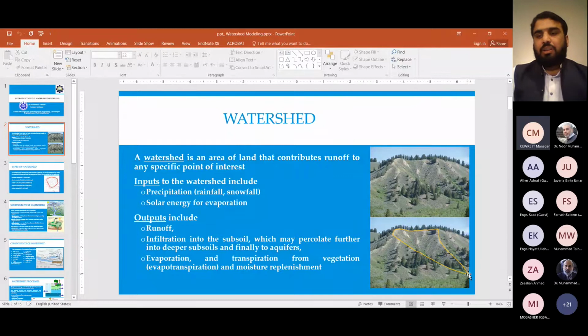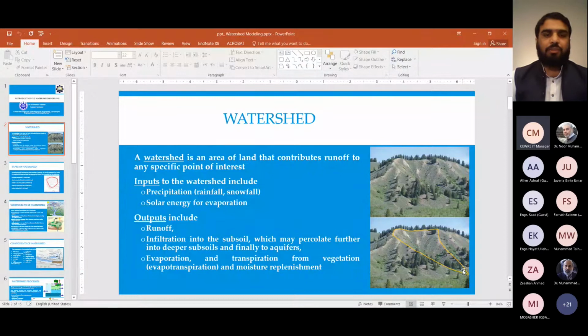If the runoff contributes from the land towards this specific point, then the area marked by the yellow line would be called its watershed.